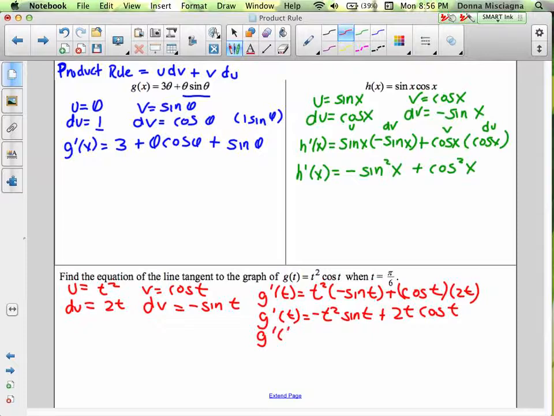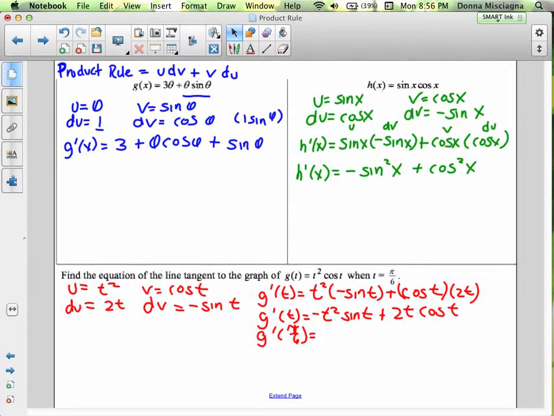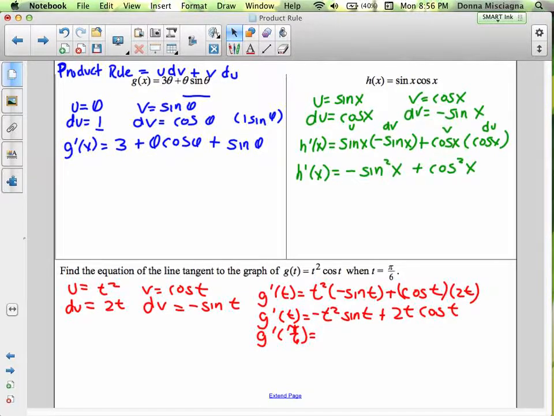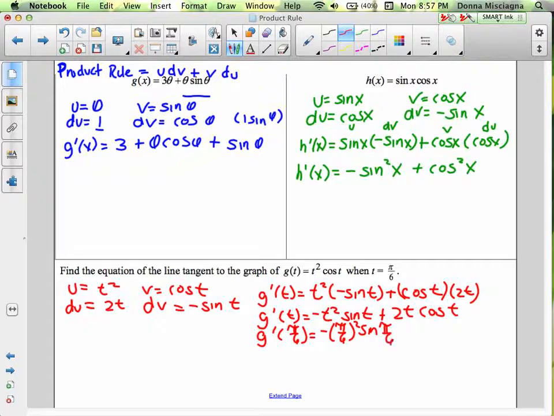So g prime of pi over 6 is equal to, so this would be negative pi over 6 squared times sine pi over 6, plus 2 times pi over 6 times cosine pi over 6.